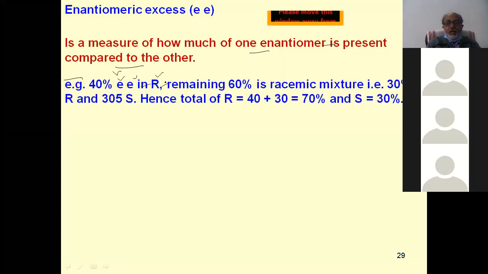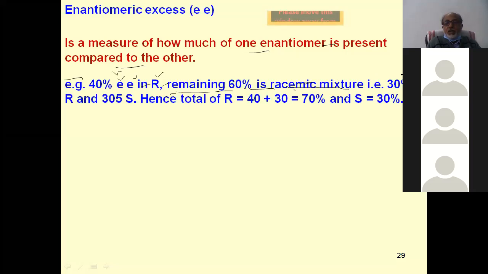So we are left with 10 minutes. So what is remaining? That means the remaining 60% is racemic mixture. Yes or no? Yes, sir. Remaining 60% is racemic mixture. Racemic mixture means equal proportion of both enantiomers.